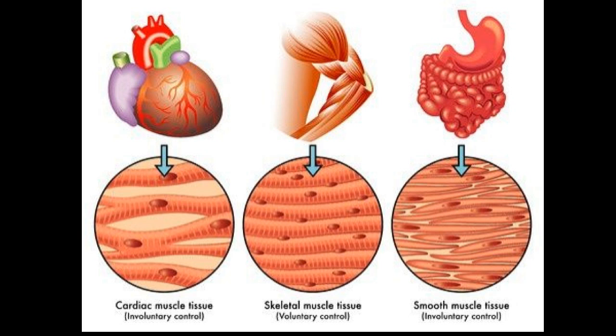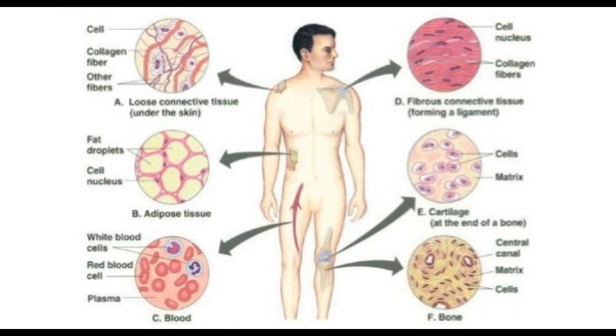Cardiac muscle is striped or striated. Their cells are generally uninucleate. That basically means they have just one nucleus, joined end to end, with darker striations.